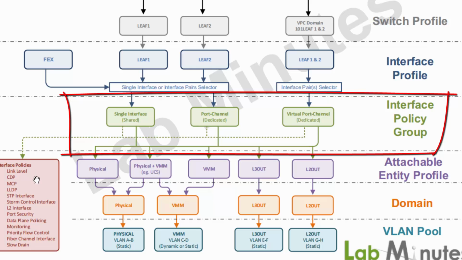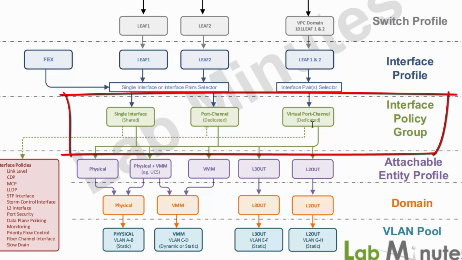This is true only on a single interface, where you can see share. So multiple single interfaces can share the same interface policy group if you want to, and that's a recommended practice anyway.